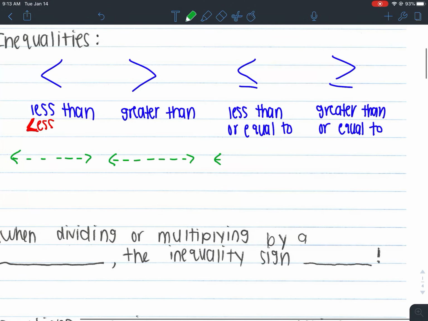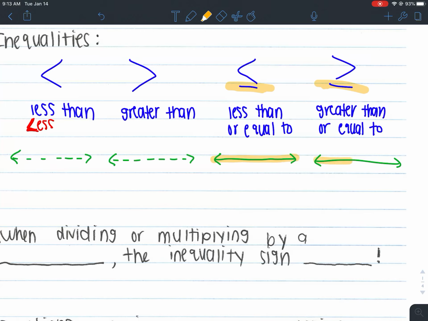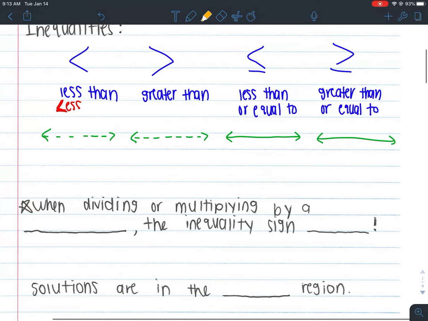For the second two inequalities, we would have a solid line. The way I have you remember this is if you see a solid line underneath, then you have a solid line when you graph. So if there is an equal to, when you draw your line through all your points, it will be a solid line.